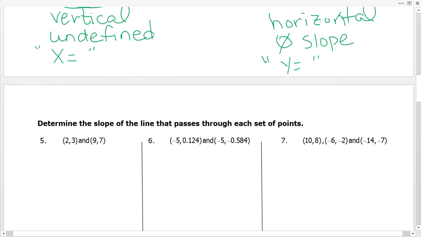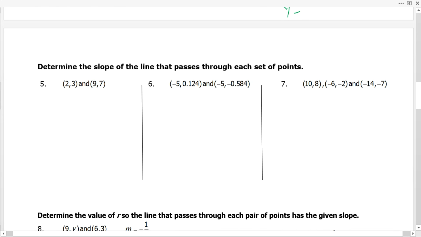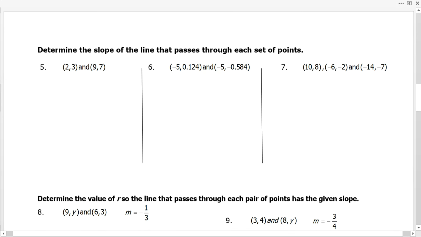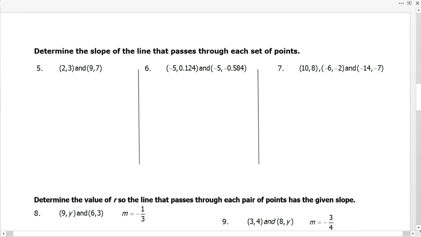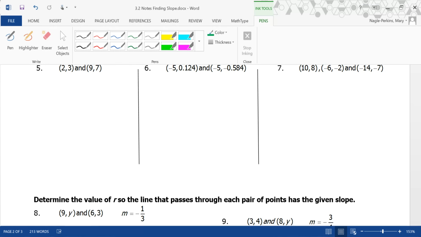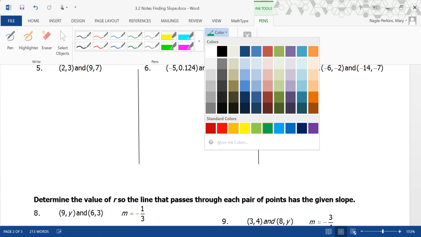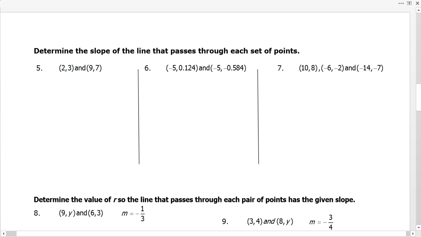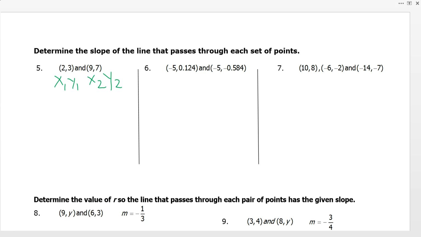Okay, now we're going to do some more slopes. Like I said before, it doesn't matter which one. X1, Y1, X2, Y2. Doesn't matter which one's X1 and X2, as long as you keep them in the same order.